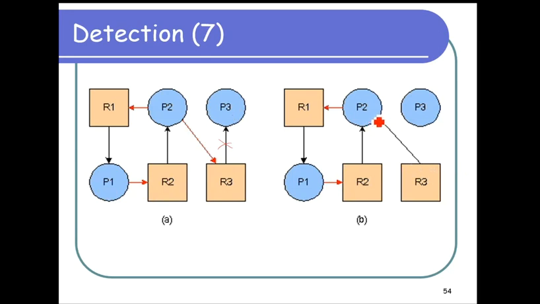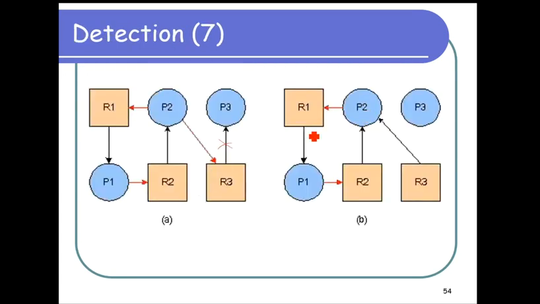But P1 doesn't release R1 yet because it still has to finish its job. And R2 is also still used by P2, which doesn't release R2 yet. So this is still blocked.